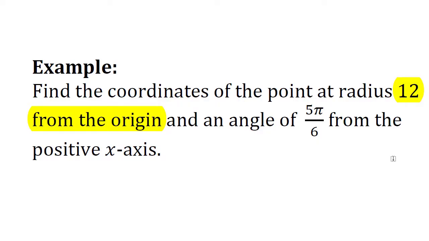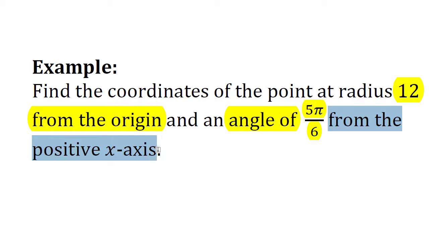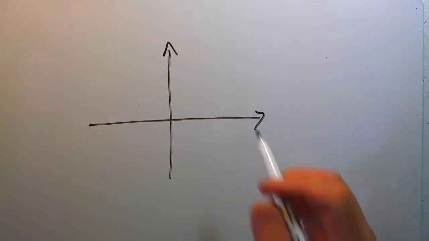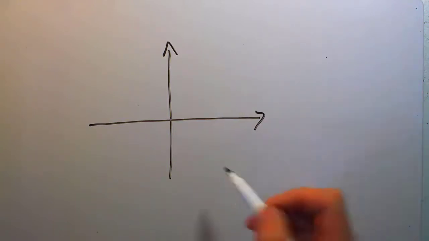The next piece of information we can make good use of is that this point is making an angle of 5 pi over 6 from the positive x-axis.